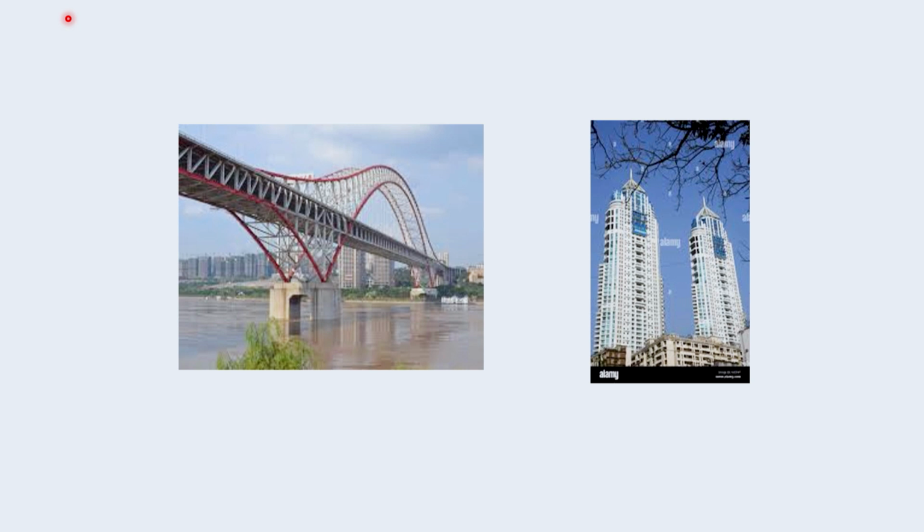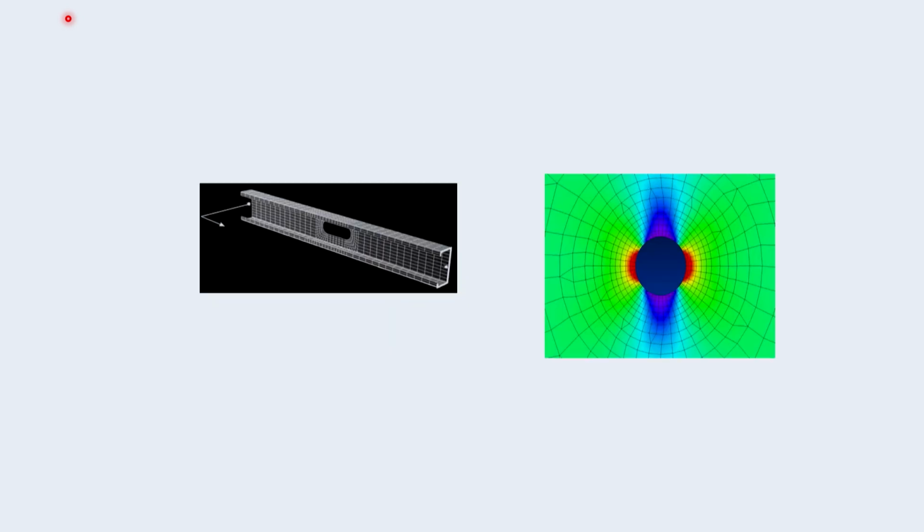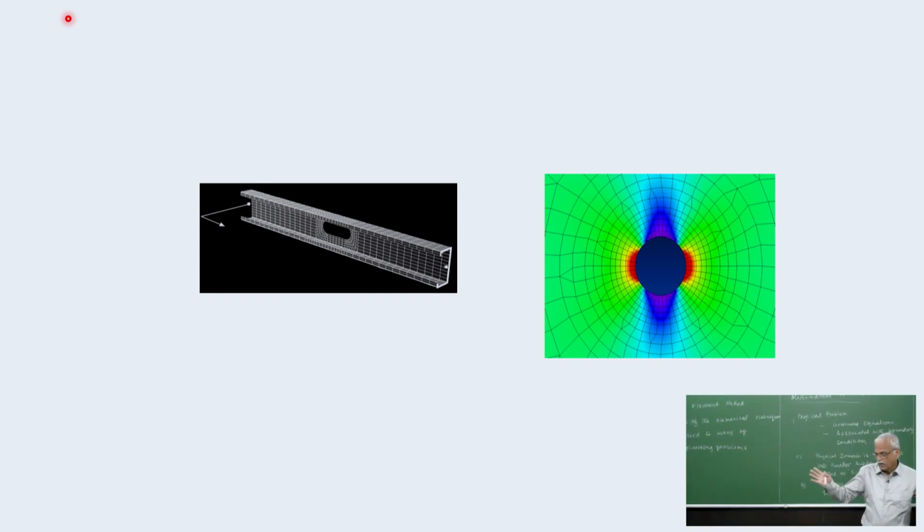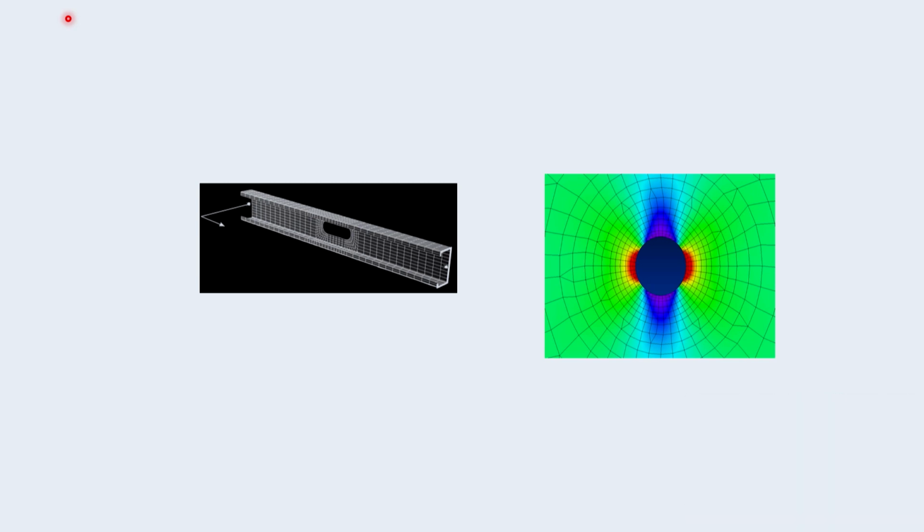These are discrete structures. Then there are continuum problems, where the domain is continuously distributed over the whole region. A rail, which is three-dimensional, is a continuum, and on the right side you see a plate with a hole. Again, this is a continuum problem.